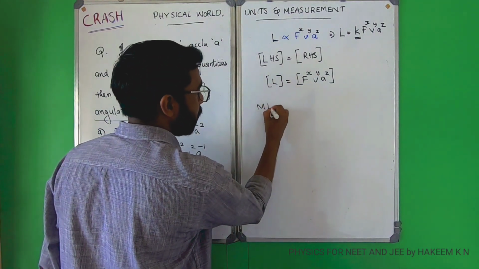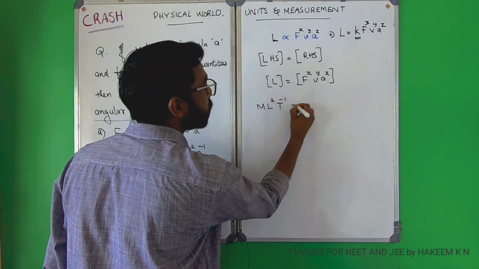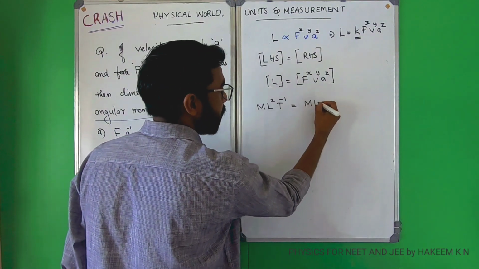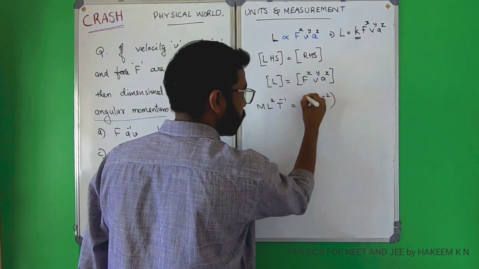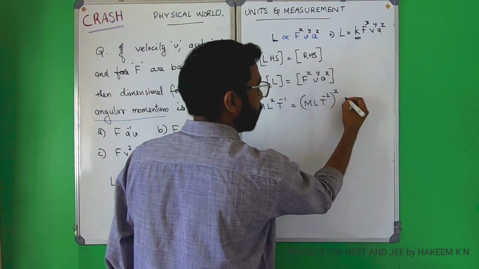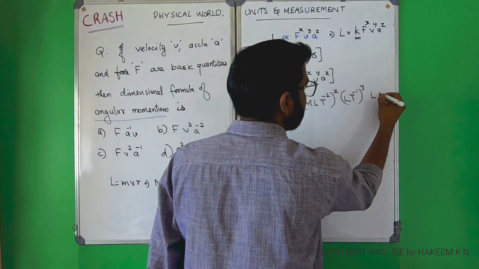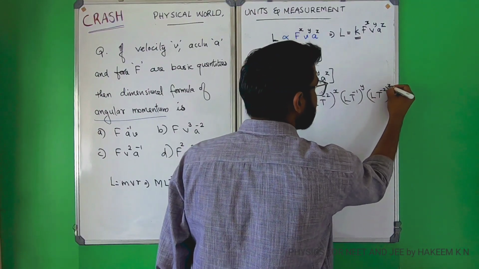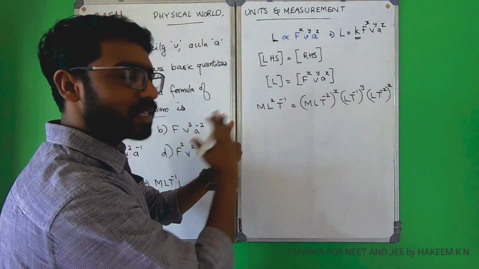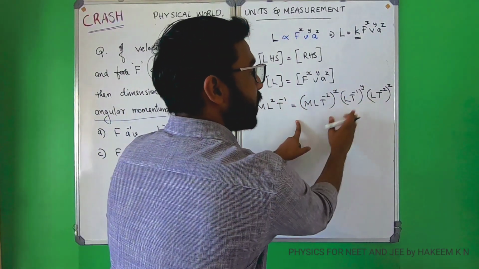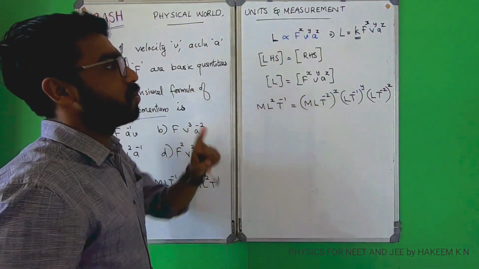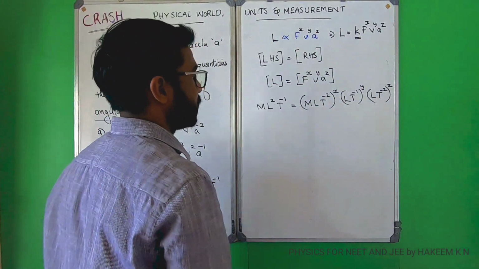Here we will get ML^2T^-1 equal to force dimension (MLT^-2) whole power x, velocity (LT^-1) whole power y, acceleration (LT^-2) whole power z. Now we just compare powers of mass, length and time on RHS and LHS.